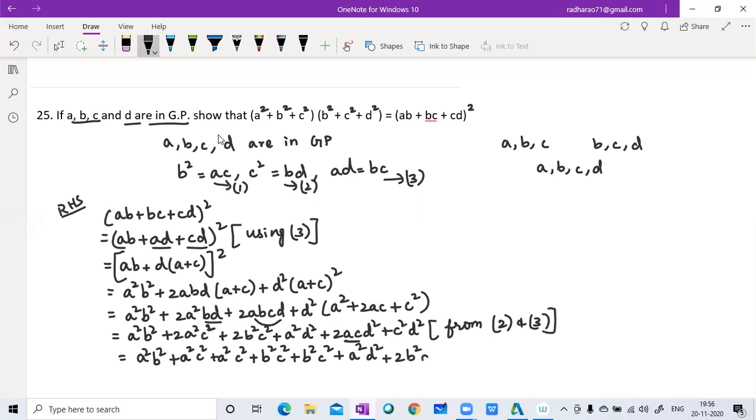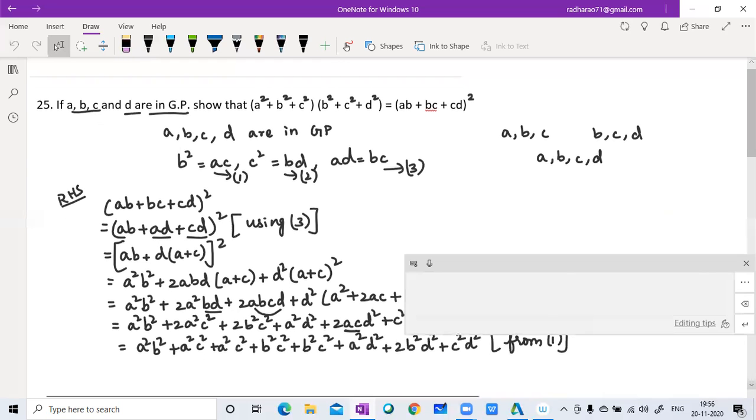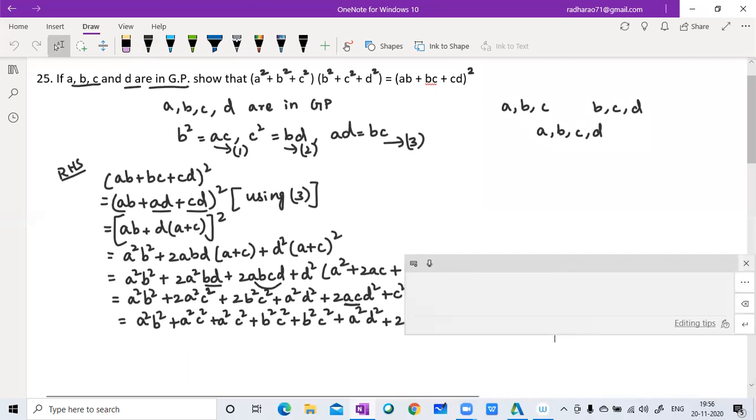So b²d² + c²d². So here I use equation number 1. So again, why we do all this? Because we want to prove certain things, right?